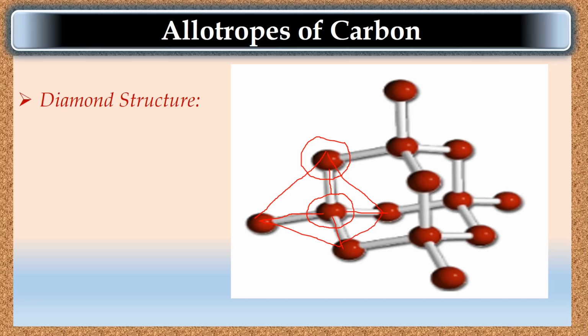Now you can understand it. If you take any carbon, it shows tetrahedral geometry. So see here, this carbon to this carbon, and this carbon to this carbon, so total 4 carbon atoms in tetrahedral geometry.